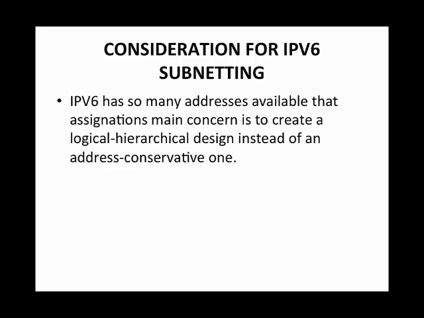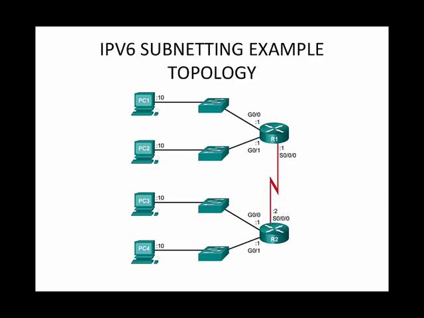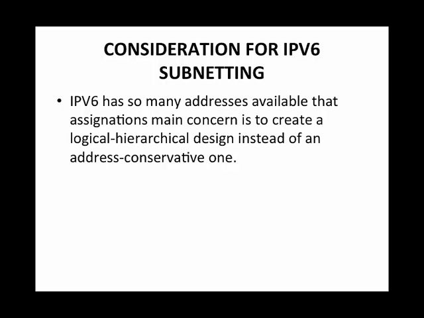Well, IPv6 subnetting is a bit different from IPv4. In IPv4, we are trying to save as many addresses as we can, so we subnet as much as we can. And in IPv6, we have a lot of addresses. We'll see this later, but mainly we can have almost 65,000 addresses per subnet, which is a lot.